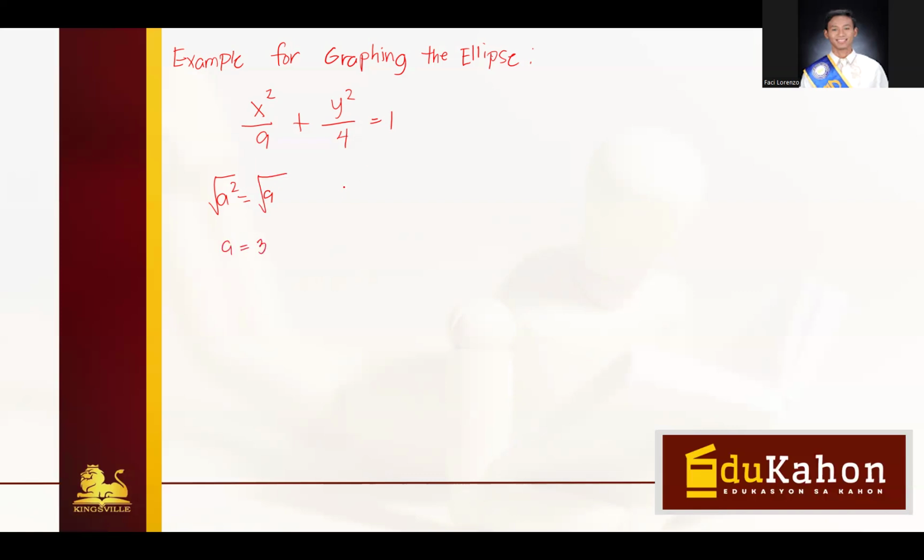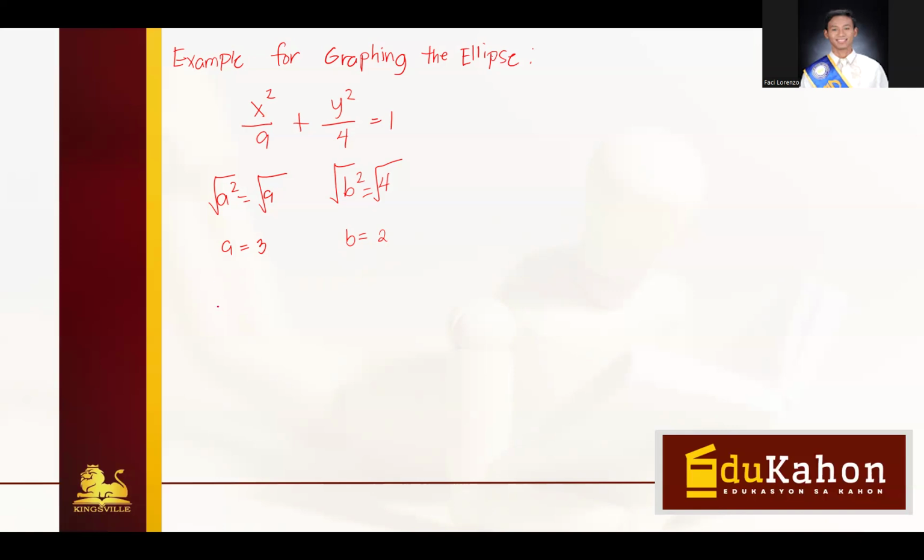And the value of b squared here is equal to 4. If you get the principal square root of b squared, the square root of 4 is just equal to 2. When we say we are getting the principal square root, we are dealing with the positive values of the roots.